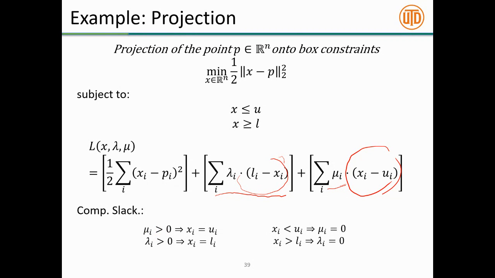So if the Lagrange multiplier for that constraint is positive, then the constraint has to be satisfied with equality. Conversely, if the constraint is not satisfied with equality, for example if xi is less than ui, then the corresponding Lagrange multiplier must be 0.